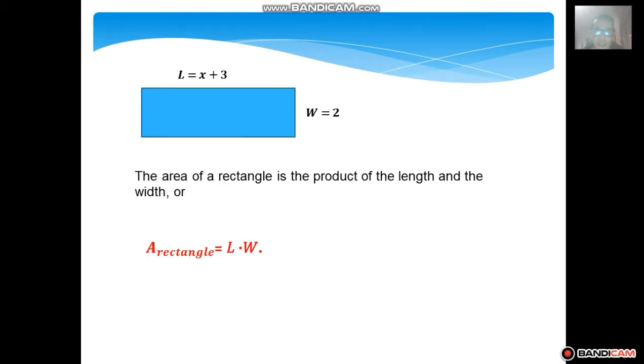Okay, let's continue. Let us make use of this illustration. Given the length of a rectangle is x plus 3, and the width is 2. The area of a rectangle is the product of the length and the width. Or we can use this formula: area of a rectangle is length times width.